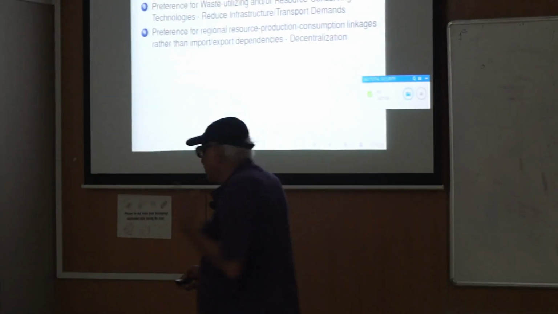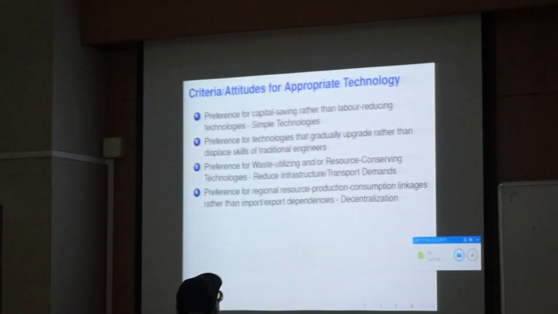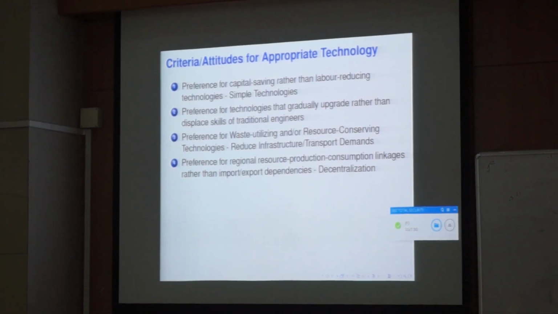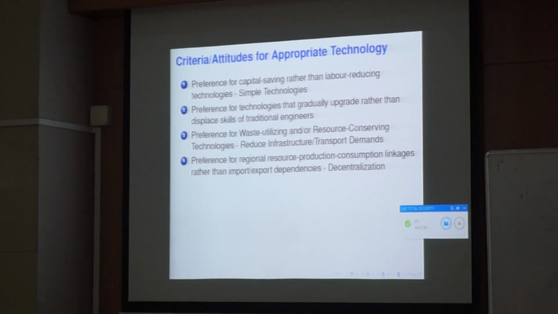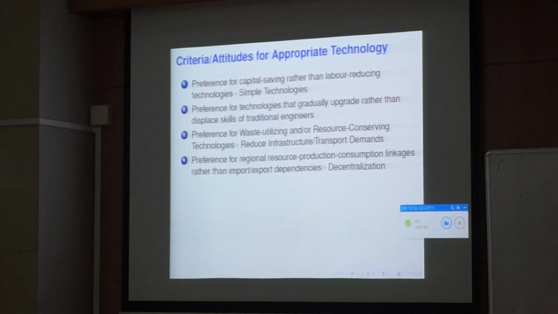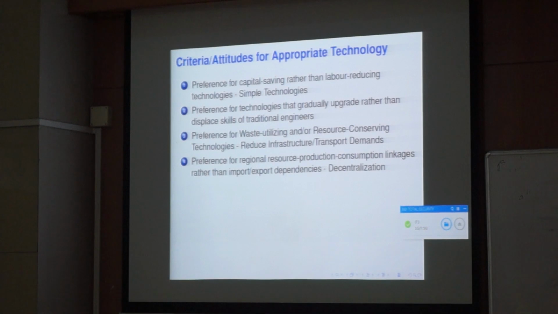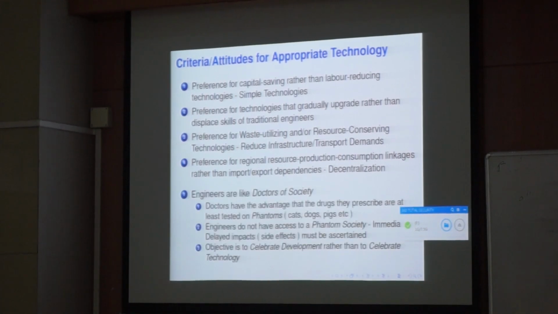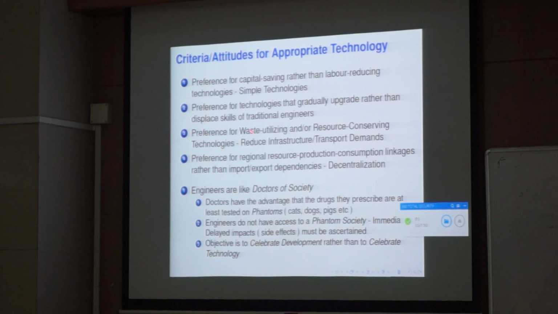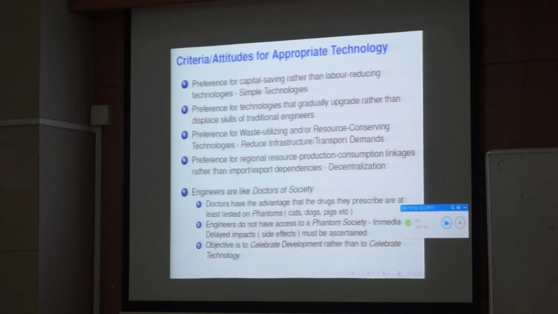Alright, so what are the criteria and aptitude for appropriate technology? Here it is simple, very simple. Preference for capital saving rather than labor reducing technologies, basically simple technology. Preference for technologies that gradually upgrade rather than displace skills of traditional engineers. Preference for waste utilizing and resource conserving technologies.